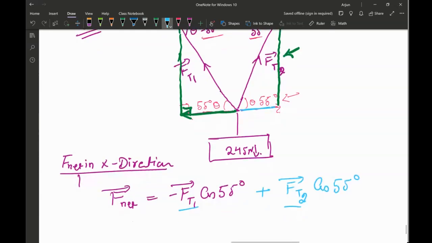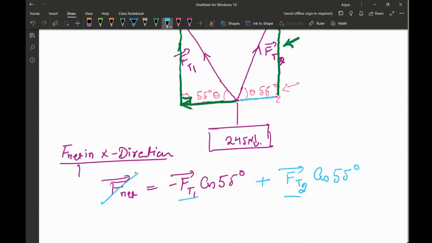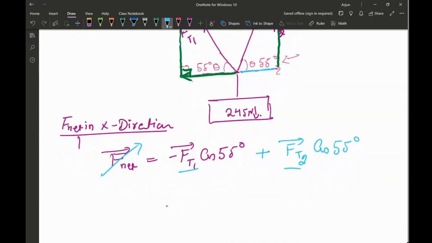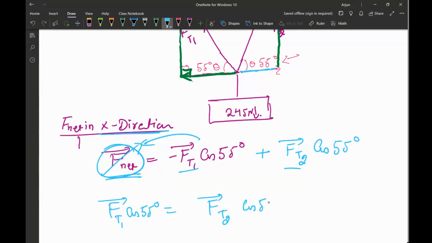Neither do I know the ft1, nor the ft2 value, but net force is 0 because this is not moving in x direction or y direction also. So I've marked it 0 because the object is not moving in x direction. And we are taking everything in x direction. So this is going to go on the other side: ft1 cos of 55, ft2 cos of 55 here.